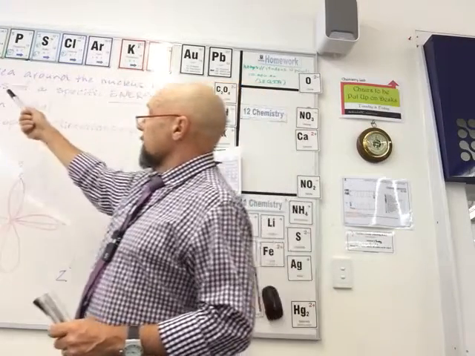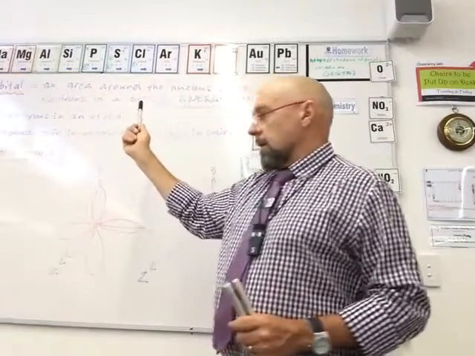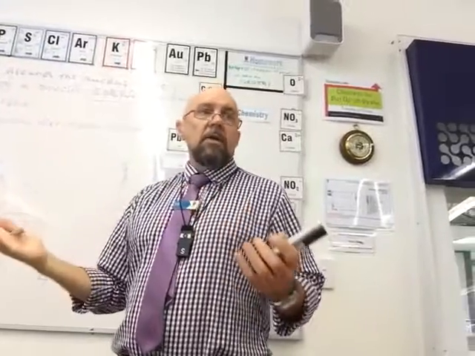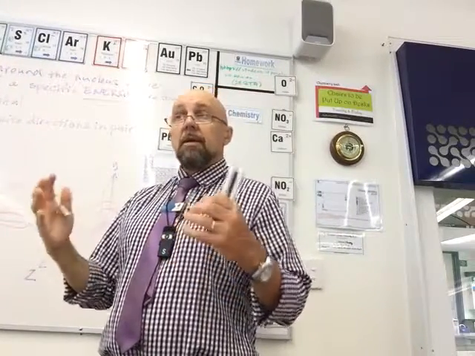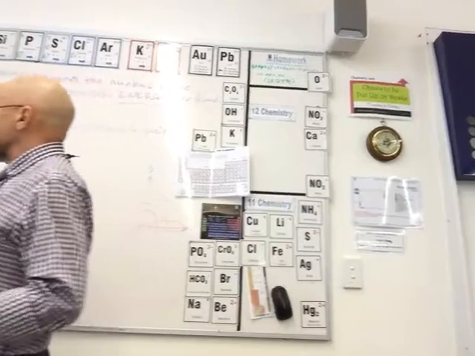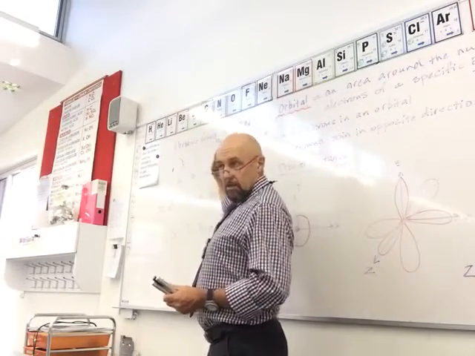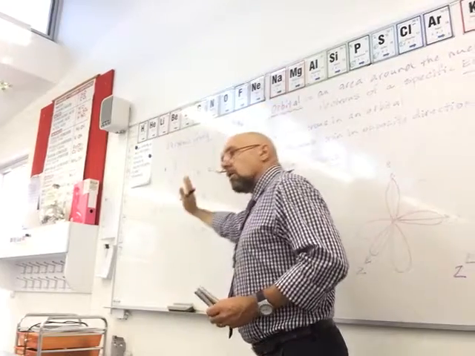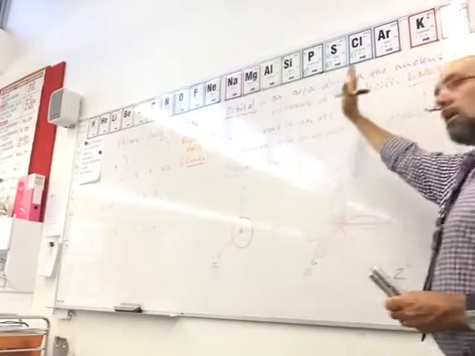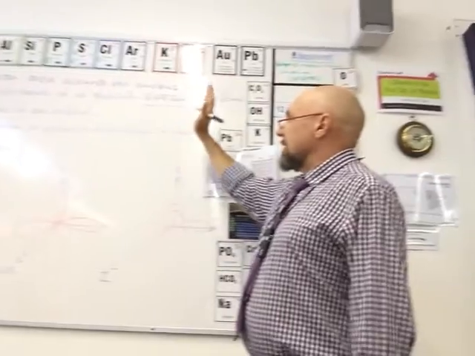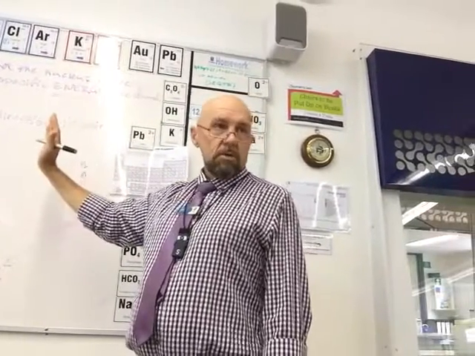Basically, what we're saying is, around the nucleus there are electrons. The concept of them existing in shells is correct, but we want to move away from shells because this guy called Bohr actually worked out that they really exist in energy levels.